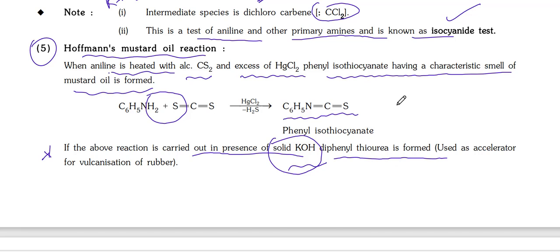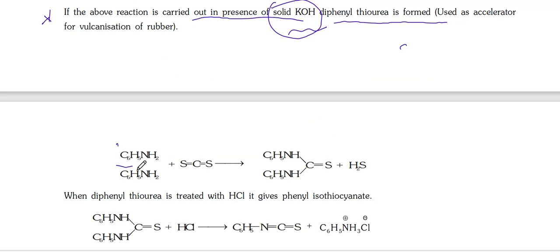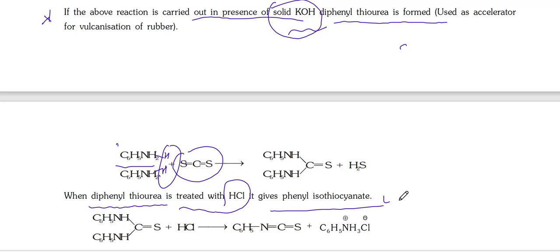That means aniline is reacting with the same carbon disulfide, here this sulfur and two hydrogens from two anilines. From here one hydrogen, from here one hydrogen, H2S is released. So that is how diphenyl thiourea is forming. If it is reacted with HCl, it gives phenyl isothiocyanate. Okay.